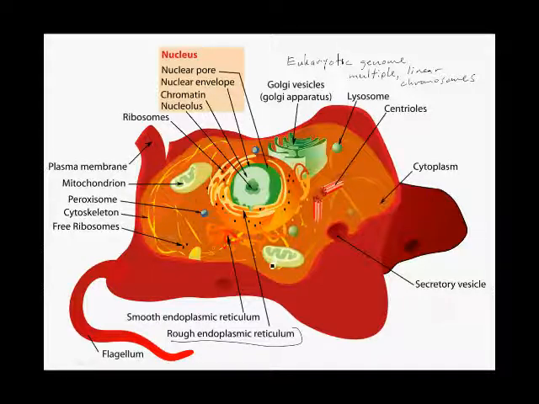If we look at other membranous structures within the cell, what we see is the prominent Golgi apparatus, or the Golgi, sometimes called the Golgi stacks. The Golgi stacks are part of what we call the endomembrane system, and I'll write that here.